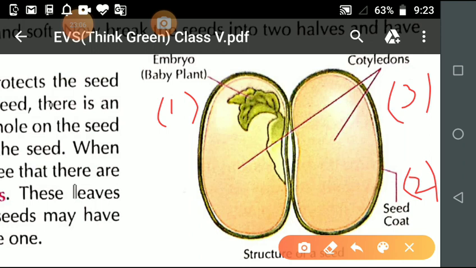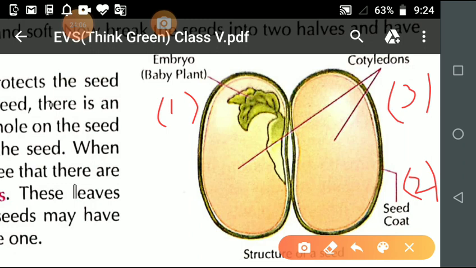Once you put the seeds into the water for the whole night, in the morning you will find the seed looks a little bigger and soft.